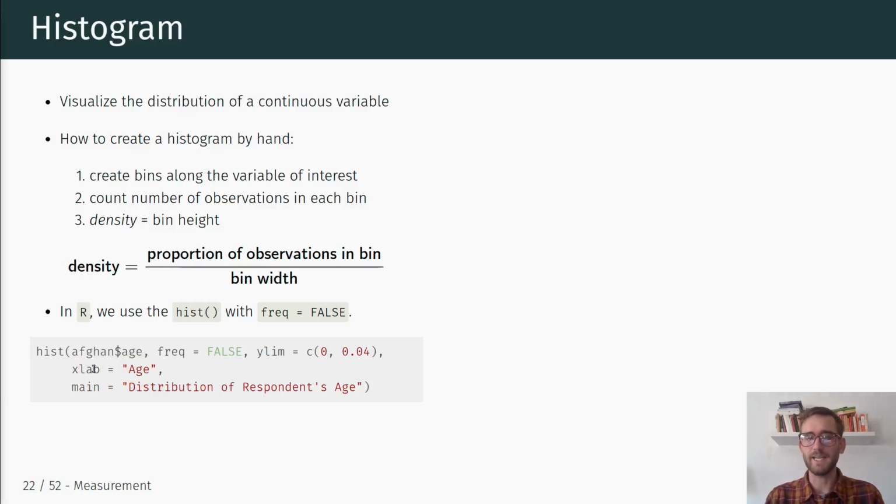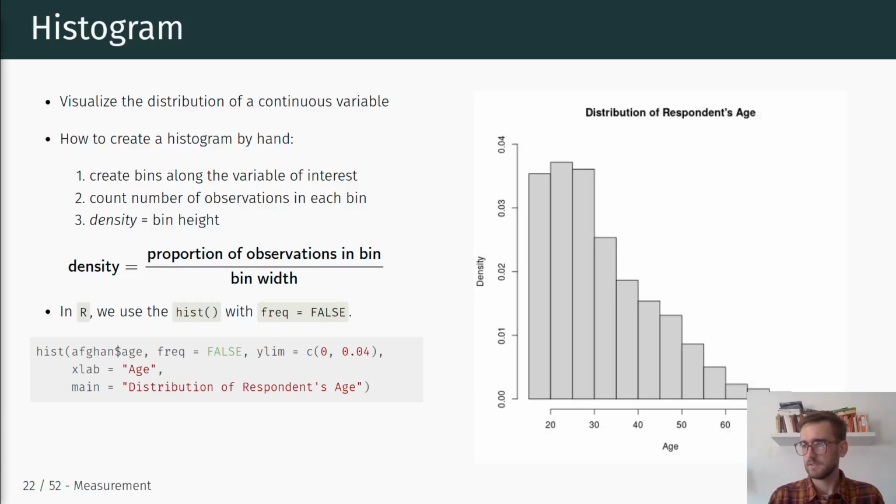We provide an x-axis label, and we provide a title of our plot. And then the resulting plot looks like this. We have our age distribution with densities on the y-axis. Okay, and that gives us an idea of how this continuous variable is distributed.